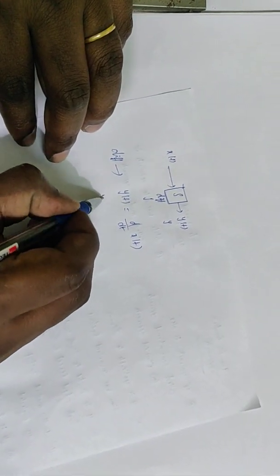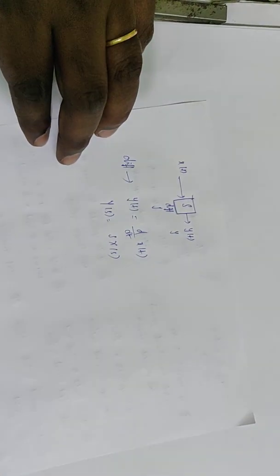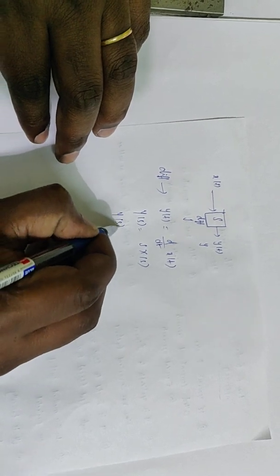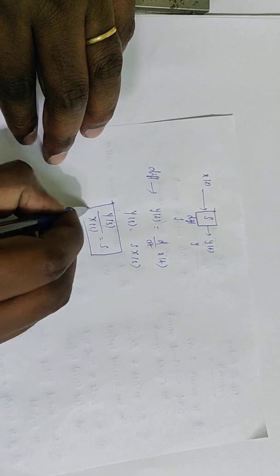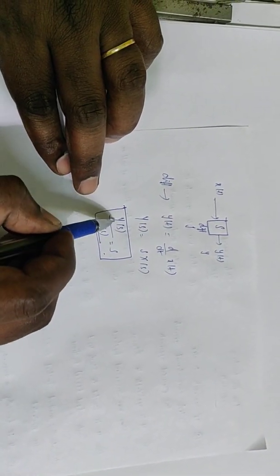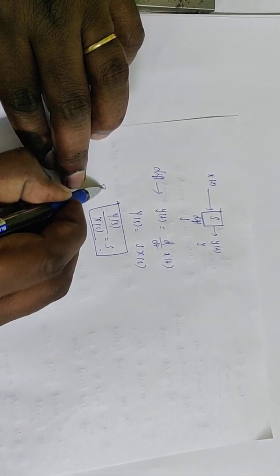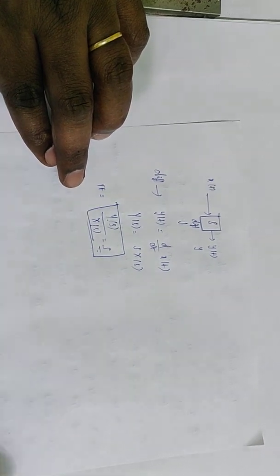If you apply Laplace transformation, Y of s is s into X of s. Considering initial conditions as 0, Y of s by X of s is equal to s. The Laplace transformation of output to the Laplace transformation of input is called the transfer function. So the transfer function is s.